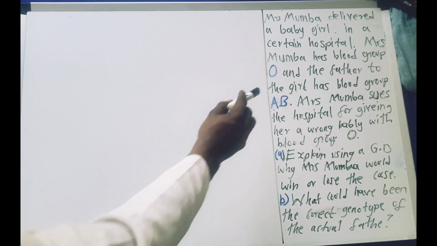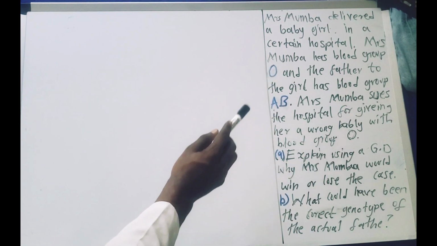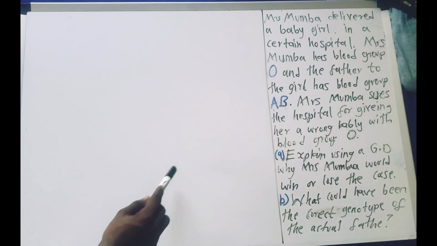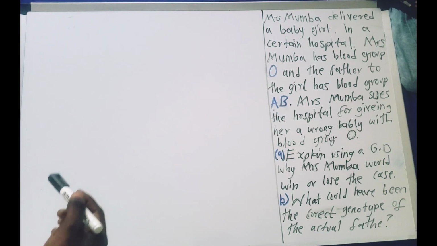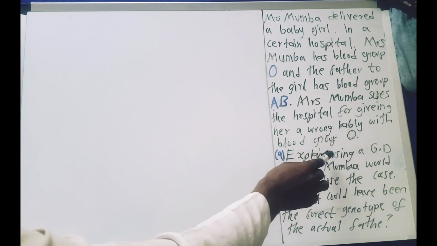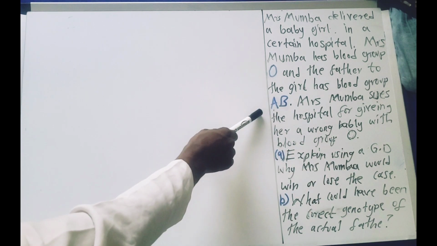Why? Because Mrs. Mumba's blood group is O, and the father of the girl has blood group AB. That's the reason she says she cannot have a girl with blood group O, considering her blood group and the blood group of the father.